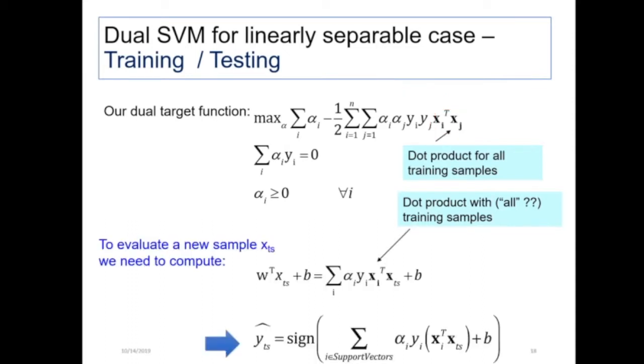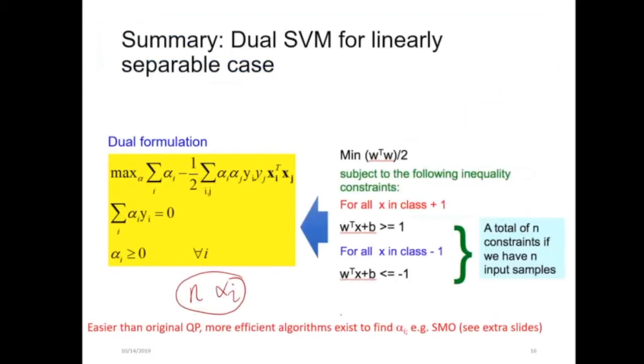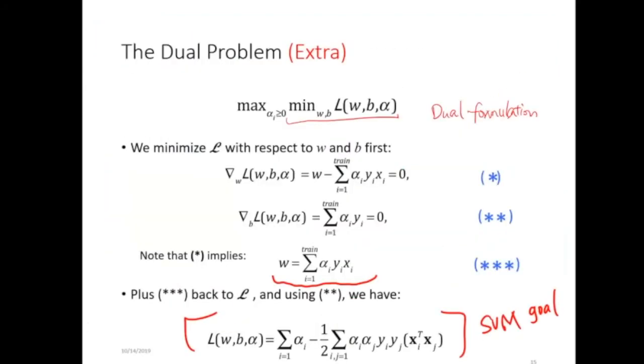And this is the training, right? During the training, I get all the alpha. After I have all the alpha, I use the analytical form I derived, w equals summation alpha i y i x i, and then substitute the w into the prediction. How do we predict?